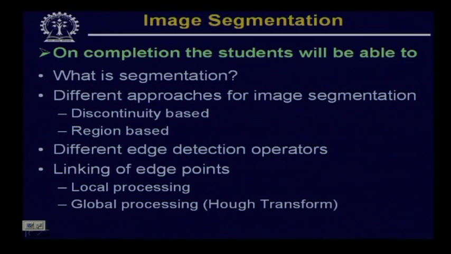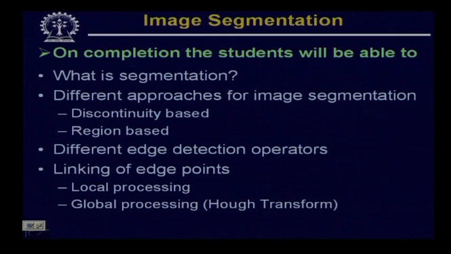Then we will see how to link those edge points extracted through different edge detection operators, so that we can get a meaningful edge. Under this linking of edge points, we will talk about two specific techniques: one is the local processing technique, the other is the global processing or Hough transformation based technique.